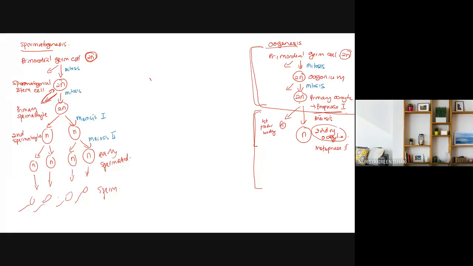If fertilization occurs, it means that if sperm enters into the secondary oocyte, which is penetrated by the sperm head here, then only the process of meiosis will be completed. Okay, so meiosis 2 will be completed if fertilization occurs. Okay, so daripada sini, dekat sini melibatkan ovulation and also fertilization.